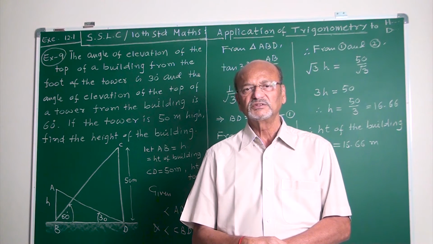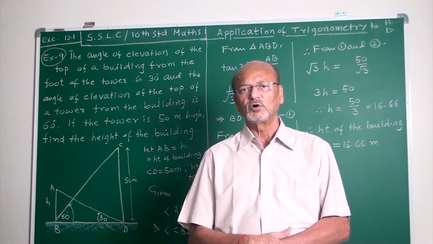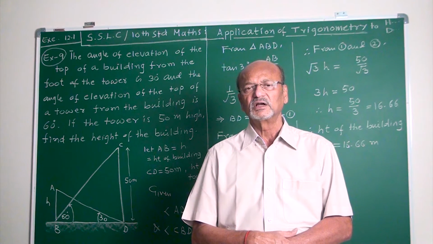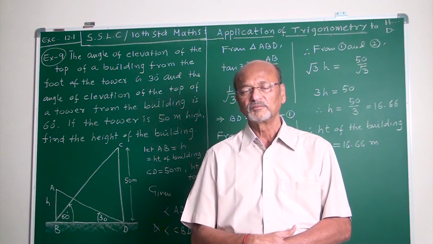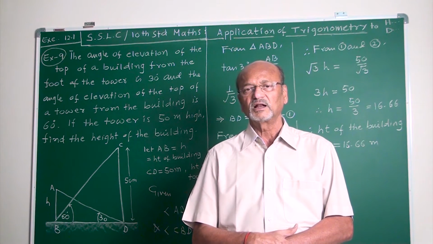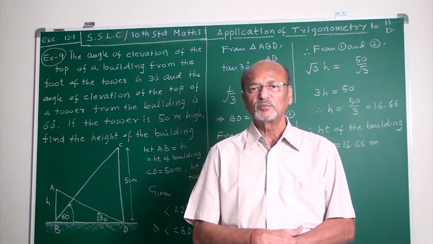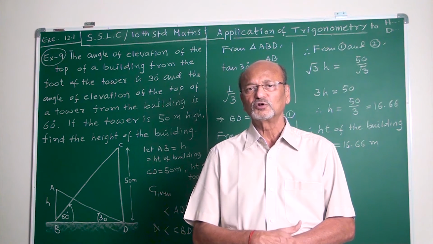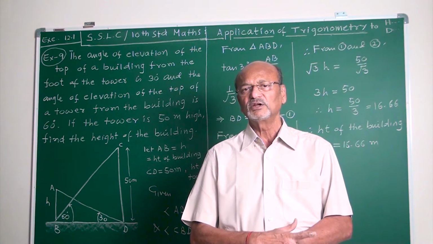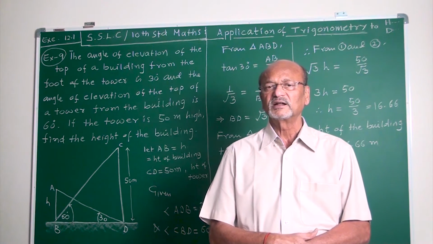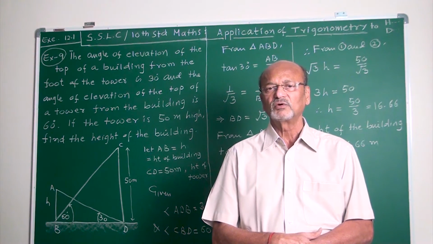If the object is above the horizontal level, then the angle made by the line of sight with the horizontal is known as the angle of elevation. If the object lies below the horizontal, then the angle made by the line of sight with the horizontal is called the angle of depression.